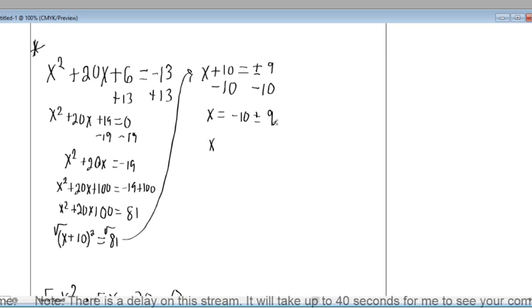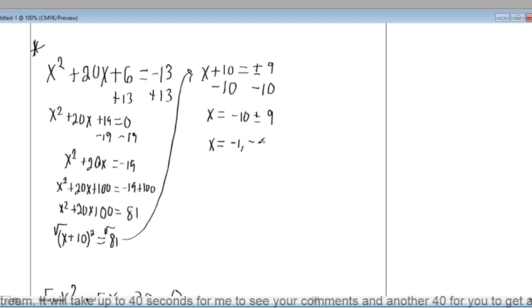So let's go ahead and do our plus or minus thing. X is equal to, let's see, negative 10 plus 9 is negative 1. Negative 10 minus 9 is negative 19. So there's our answer.